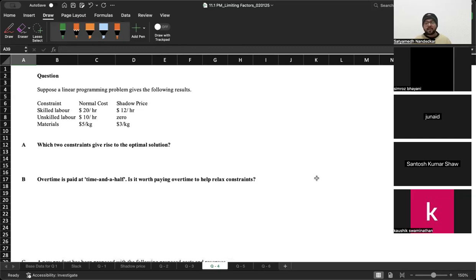Now if you look at unskilled labor, unskilled labor has zero shadow price. Now only that variable has a zero shadow price in which there is slack, right?